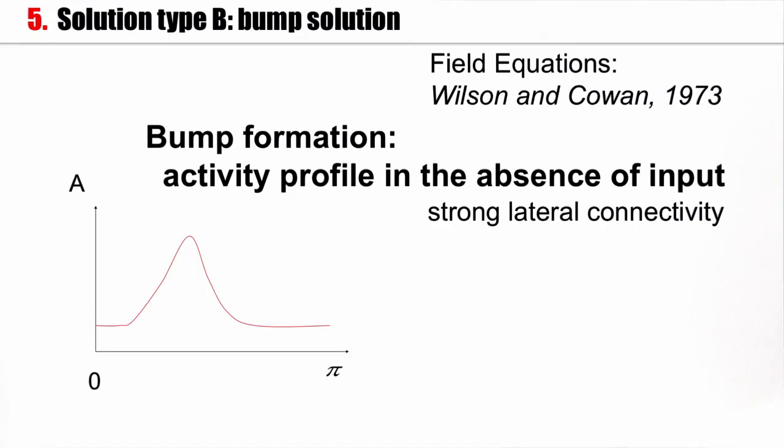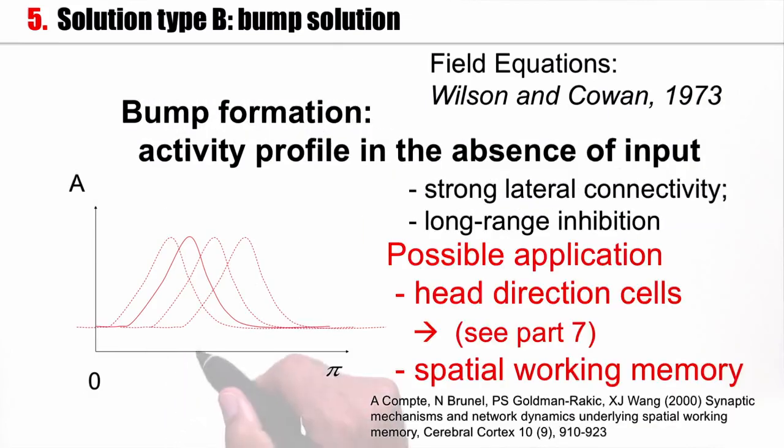And here, in the absence of any input, even for input 0, I can find an activity peak that's very strong around a certain location, and say, this is my location x0. Now, this location is arbitrary. The activity profile could also sit at any other location.